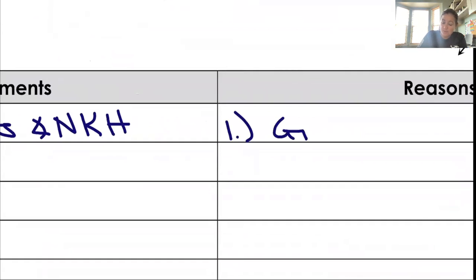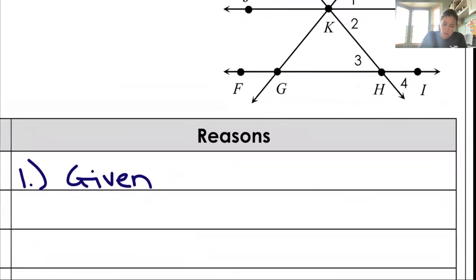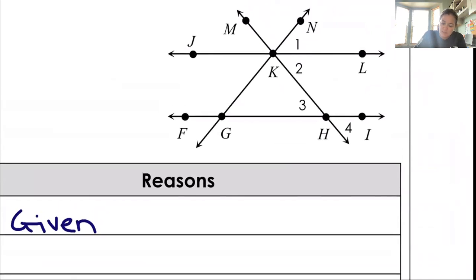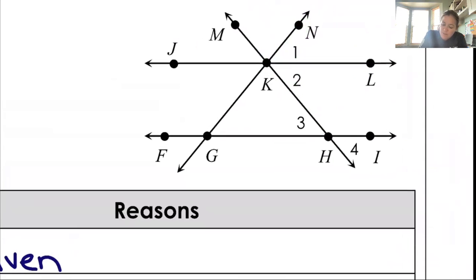And I'm going to take a look at that because that bisection has given me something. NKH. Let's see where that is. So this line right here that I'm pointing at is bisecting this angle. So that means that angle 1 is congruent to angle 2.